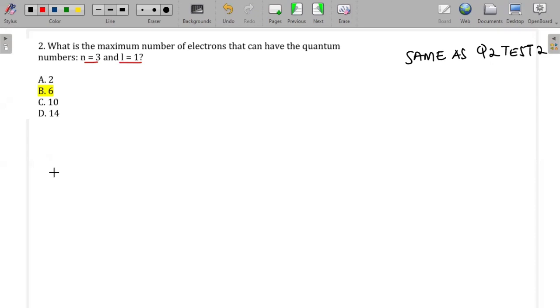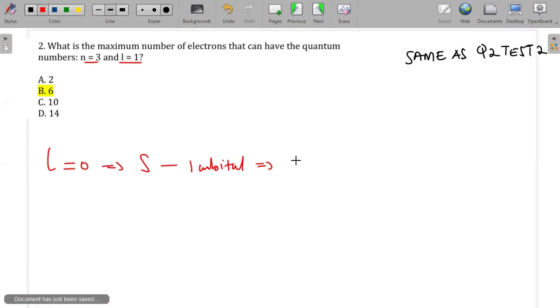First of all, you have to know that when L equals 0, we are talking about the S subshell. The S subshell has one orbital, meaning the maximum number of electrons it can have is 2, because each orbital can only hold a maximum of 2 electrons.